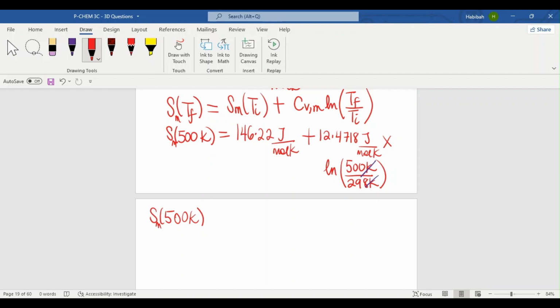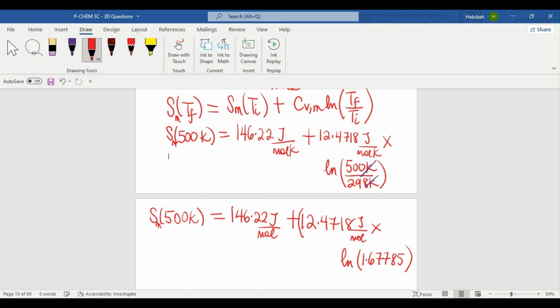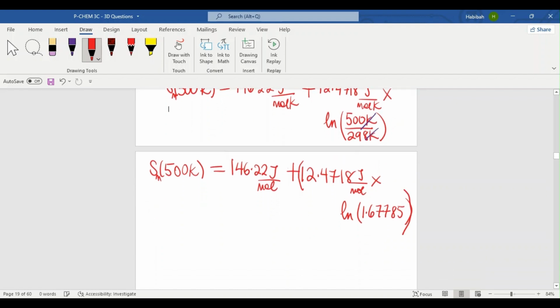So S 500 is simply 146.22 joule per mole Kelvin plus 12.4718 joule per mole Kelvin times ln of 500 divided by 298, which is simply 1.67785. So we end up with S m at 500 Kelvins being 146.22 joule per mole Kelvin plus 12.4718 joule per mole Kelvin times ln 1.67785.